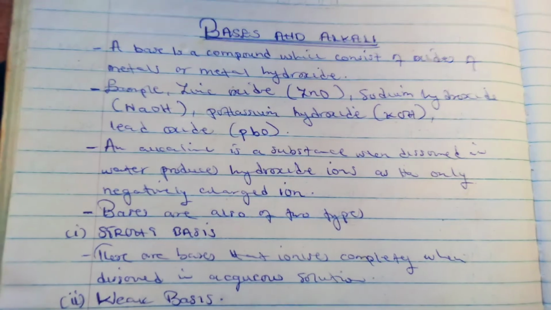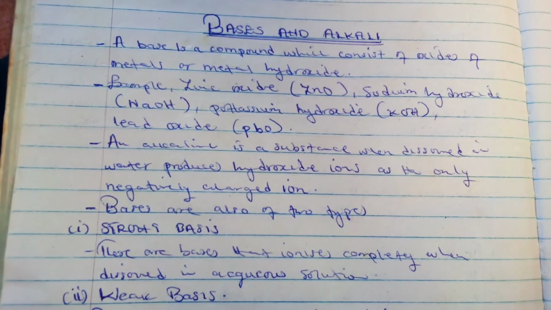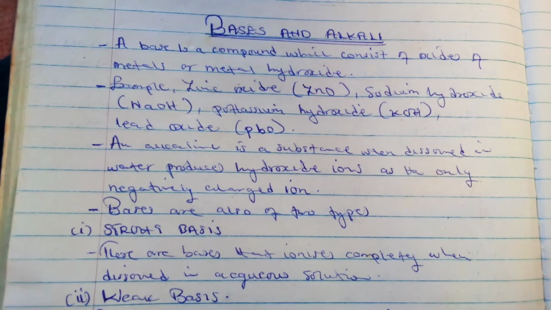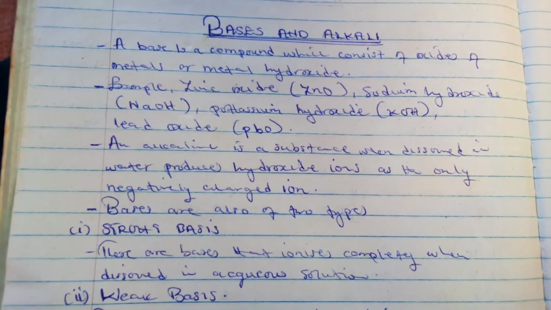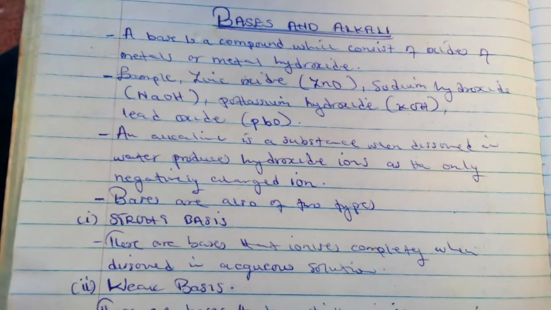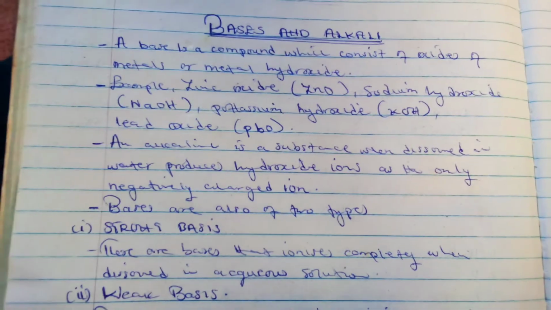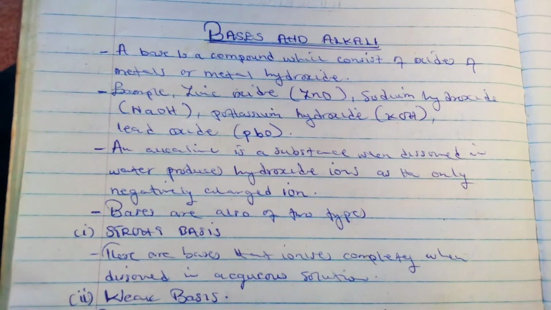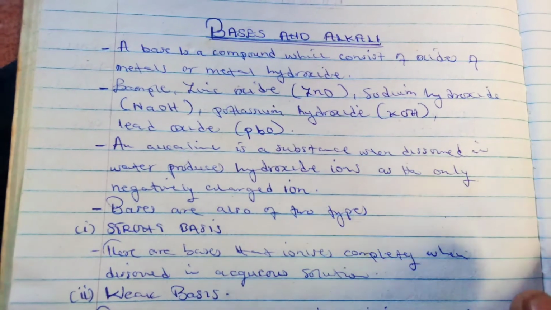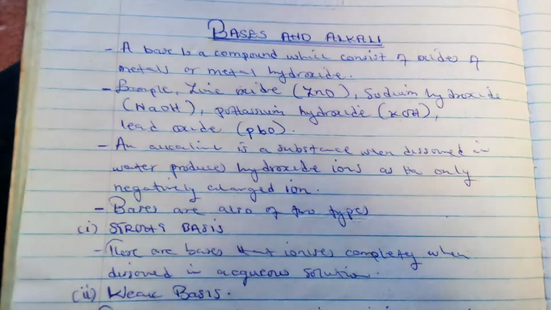For example, sodium hydroxide, calcium hydroxide, potassium hydroxide, those are alkali because they are soluble in aqueous solution. So that's what you should know about bases and alkali. A base is just a compound of metal hydroxide or metal oxide, but an alkali is a soluble base.